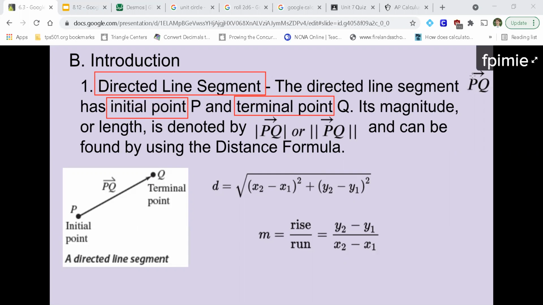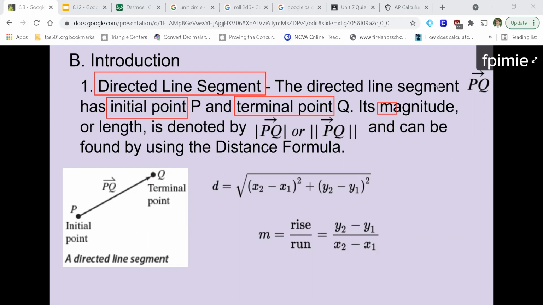So I'm going from P to Q. It's sometimes denoted as a half arrow, like in the picture here. But it's basically the notation for a ray. You're starting at P and going to Q. But it differs from a ray in that we don't continue on past Q, we stop at Q.